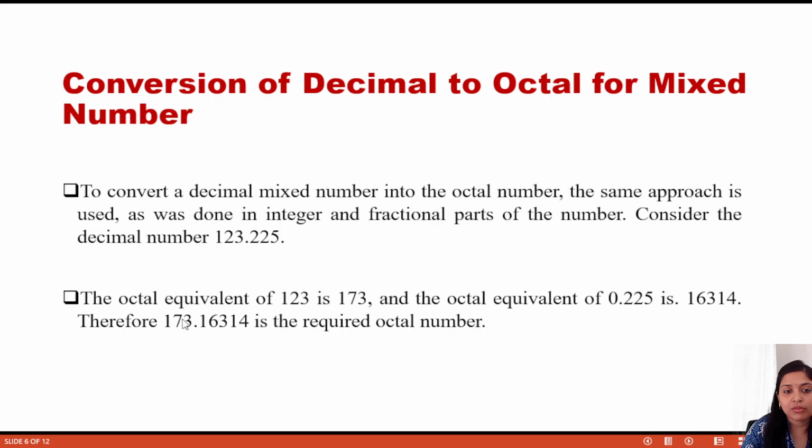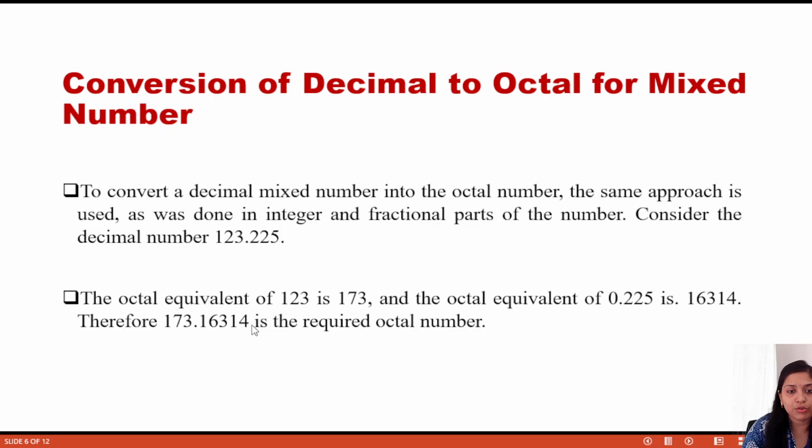After that we have to add these together. So the decimal number 123.225, base 10, has the equivalent octal number 173.16314, base 8.